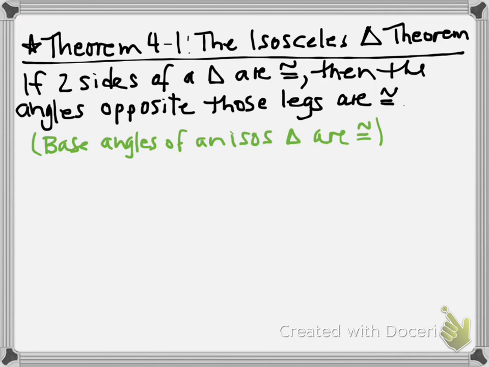But the theorem doesn't say I have to prove first that it's an isosceles triangle. I just need a triangle with two congruent sides, and then I can assume that the two angles opposite those sides, which we know are base angles, would be congruent. Okay? So let's go ahead and do a proof of this. I'm going to go to, I think, the next screen so we have more room for this. So our proof is, here's our diagram.